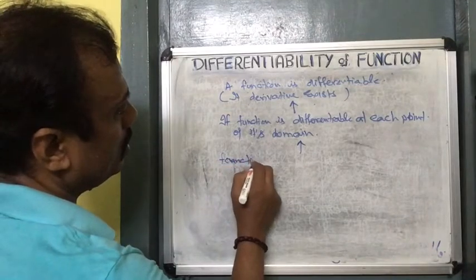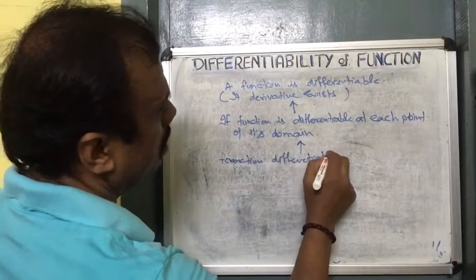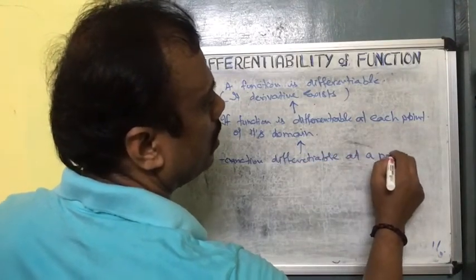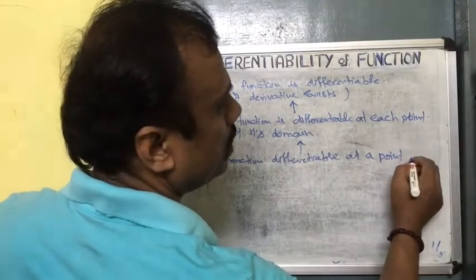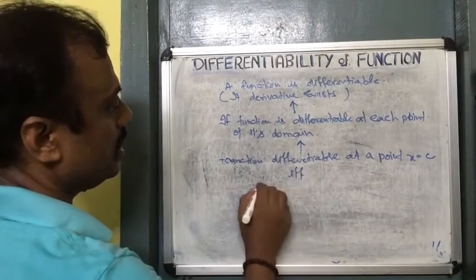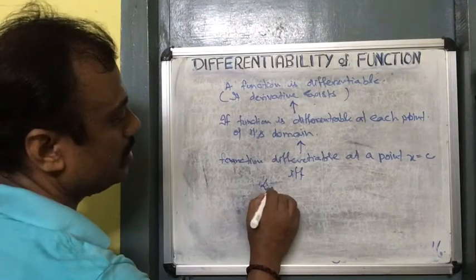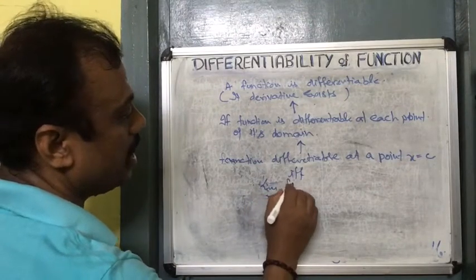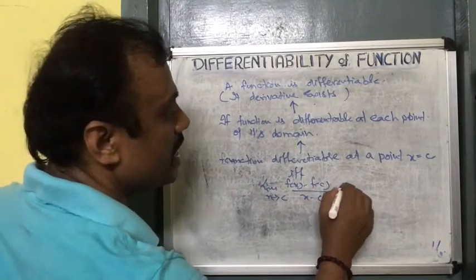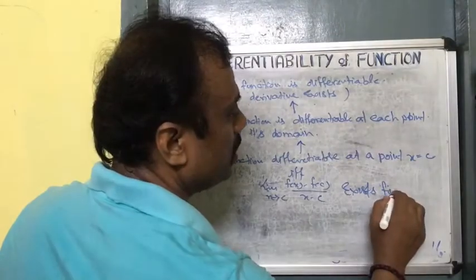Function differentiable at a point, means x equals to c, if and only if limit x tends to c f of x minus f of c upon x minus c exists finitely.